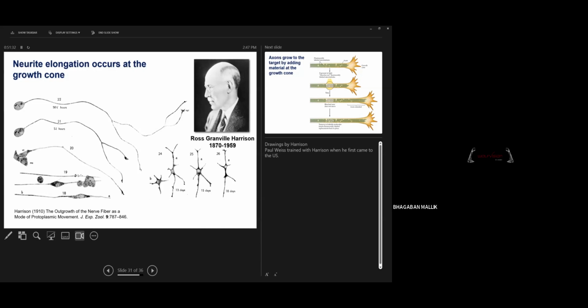So here you can see 18-hour, 19-hour, 20-hour. You can see that the neurite elongates, and this structure is the growth cone. They become a long axon. So the growth happens at the growth cone of the neurites. Okay, so neurite elongation occurs at the growth cone.